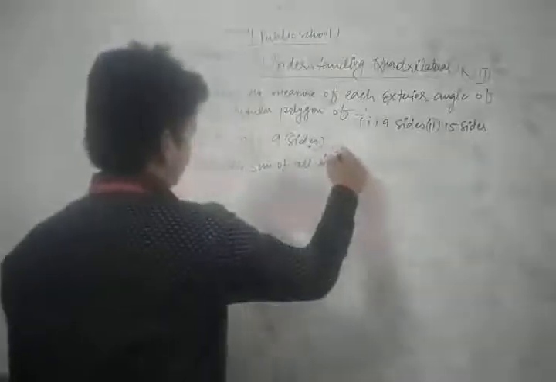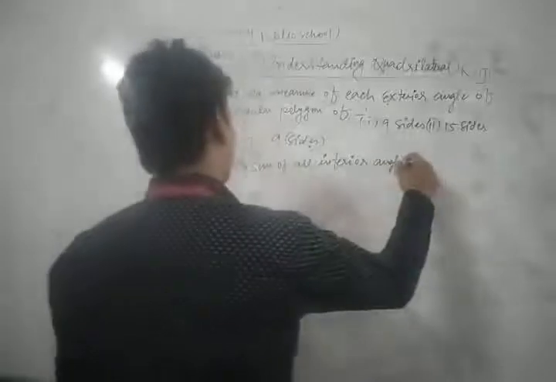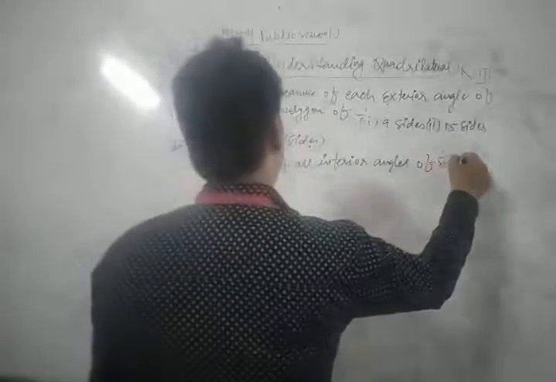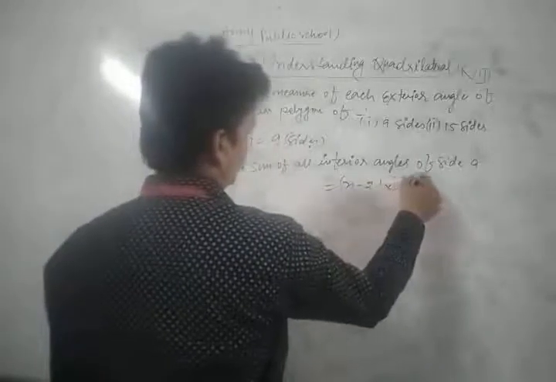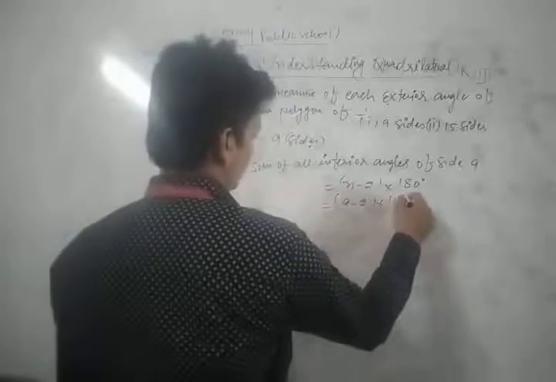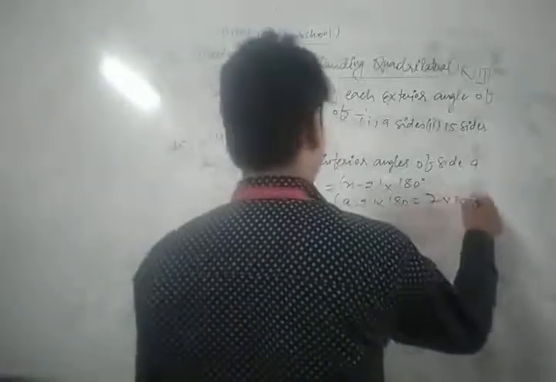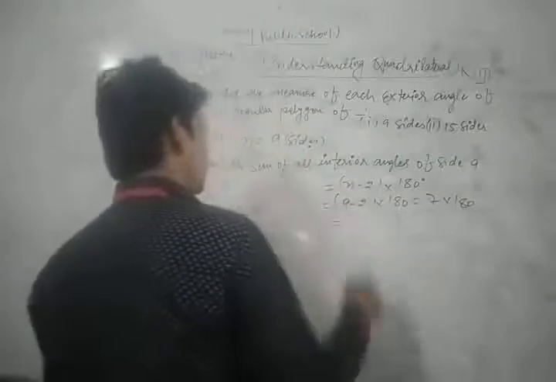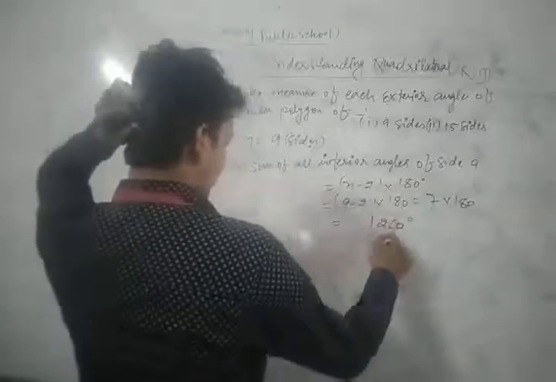The sum of all interior angles of a polygon with 9 sides is equal to (n minus 2) into 180 degrees. That is (9 minus 2) into 180, and 9 minus 2 is 7. So 7 into 180 is equal to 1260 degrees.